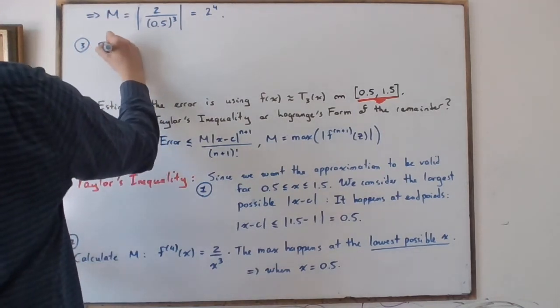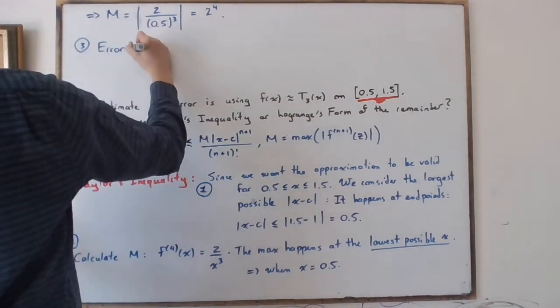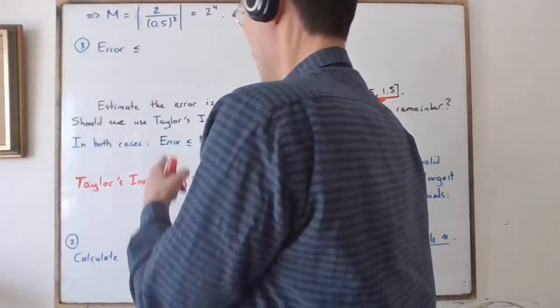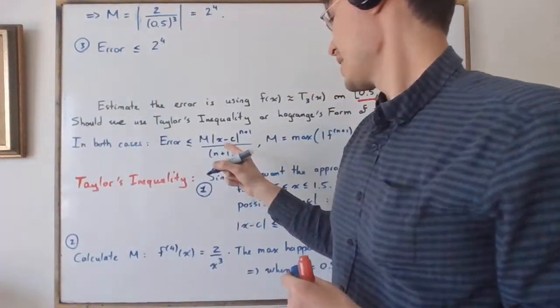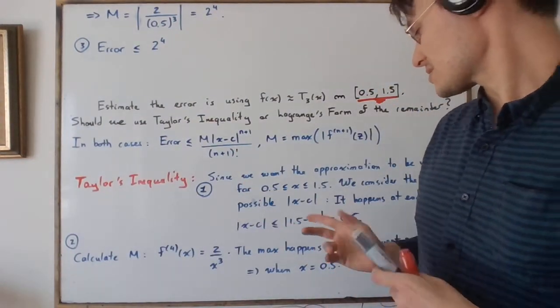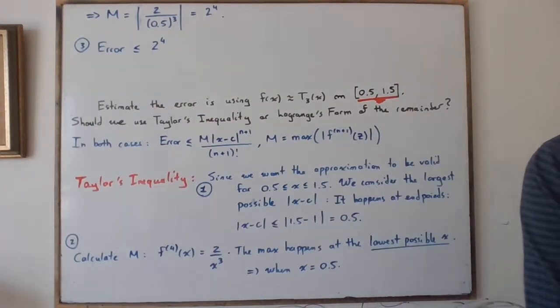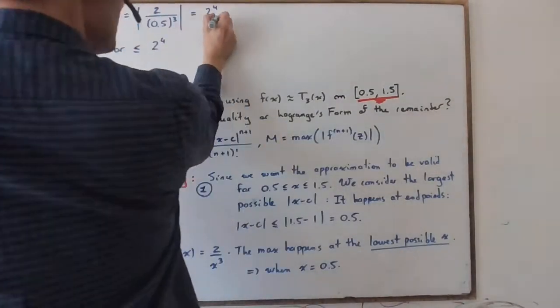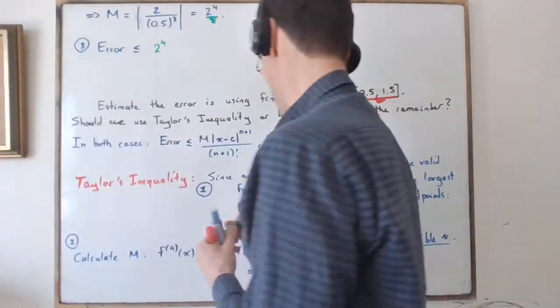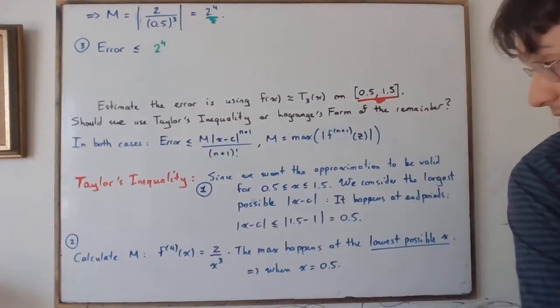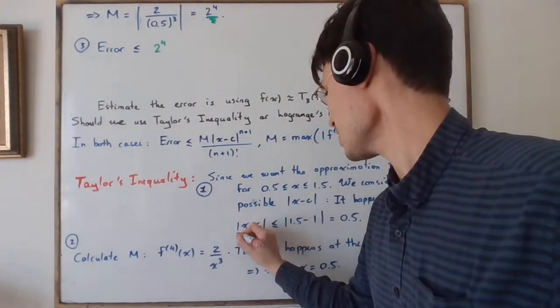So the error is smaller or equal than M, which is 2 to the power of 4, times |x minus c| to the power of n plus 1.